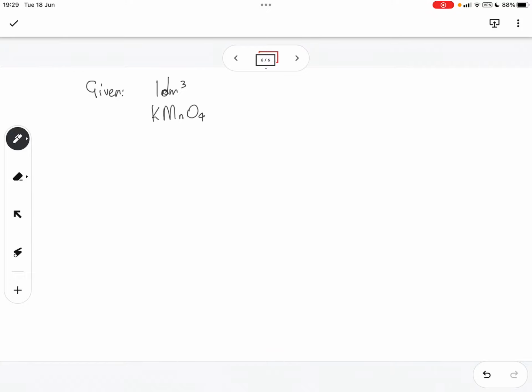Permanganate, yes. So we need to find the mass of potassium permanganate needed to make a solution with a concentration of 0.2 moles per dm cubed. So we need to find the mass.